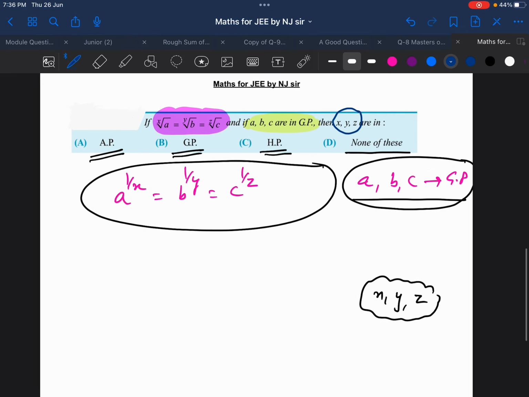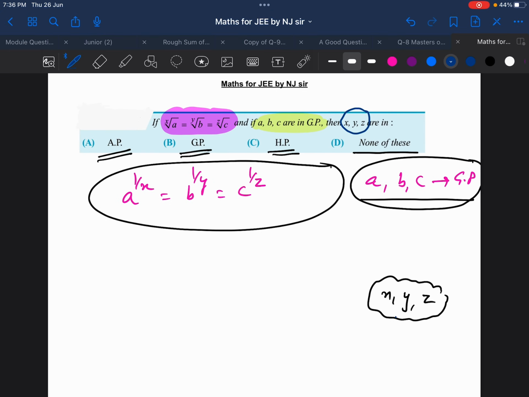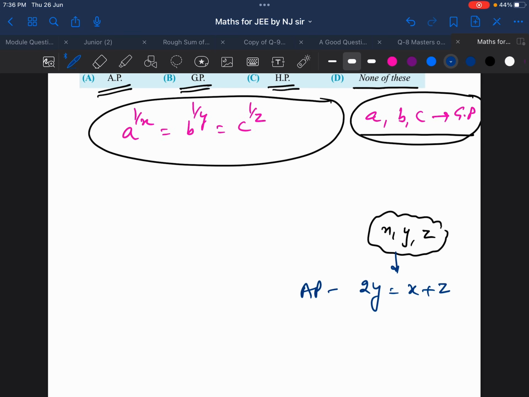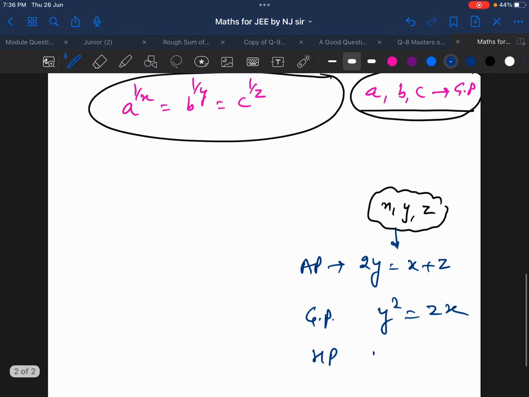So we have to understand that if x, y, z are in AP, then I can write 2y equal to x plus z. If x, y, z are in GP, then I can write y square equal to zx, and if x, y, z are in HP, then I can write y equal to 2zx upon z plus x.